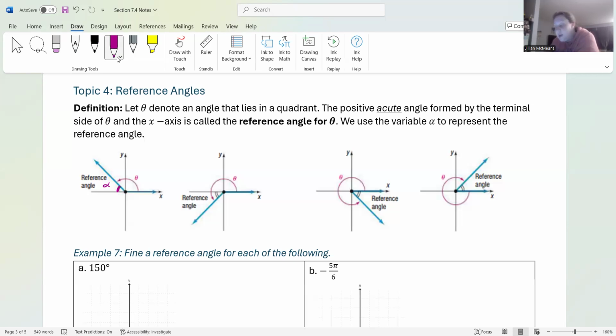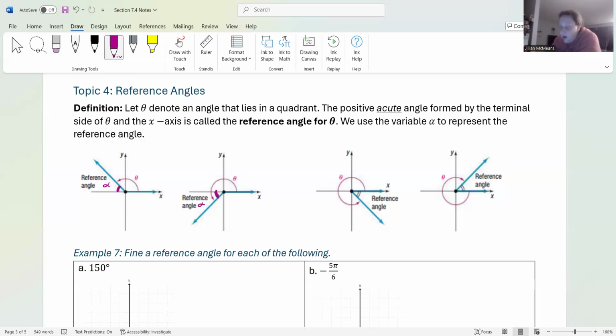If we look at the second drawing, we have our very obvious theta. We went past the x-axis. You can see that this angle is drawn in such a way that we have a revolution that goes past pi and a little bit further. So we're interested in this space right here. We went past the x-axis, but how far?